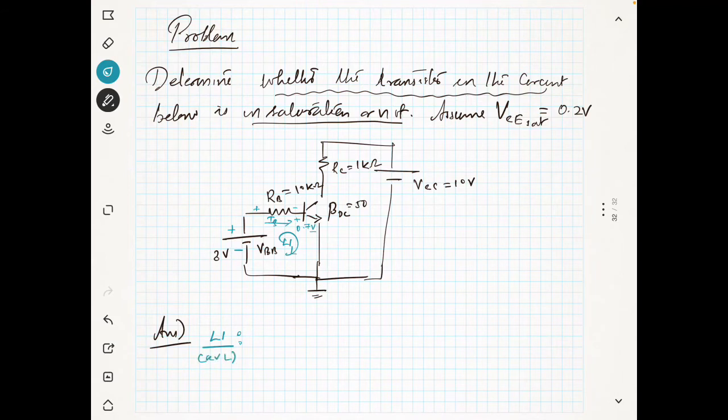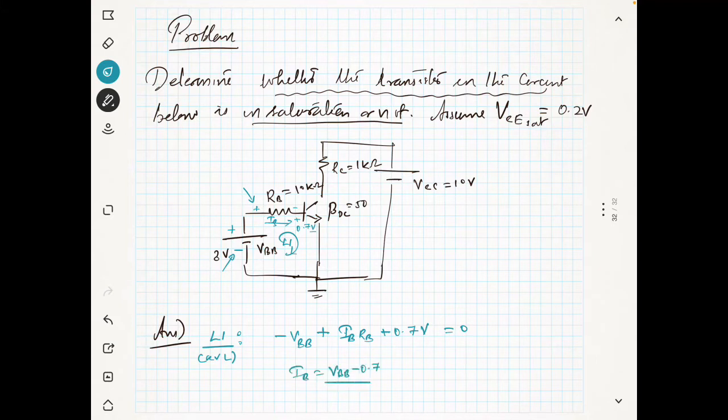So in loop 1, writing KVL, we get minus VBB plus IB into RB plus 0.7 volt is equal to 0.